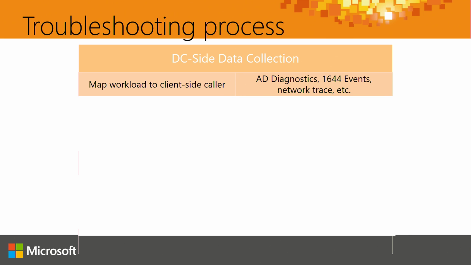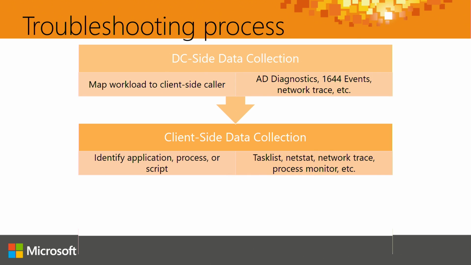And we do that via the AD Diagnostics Data Collector Set, the perfmon thing I mentioned. 1644 events, we'll see in a minute. Network trace, task list, SVC, netstat -ANOB. That initial DC side data collection is what you do to get to the client side.